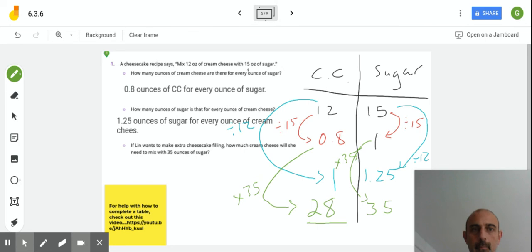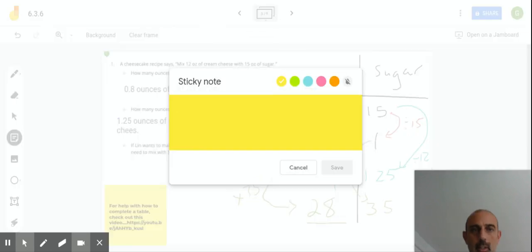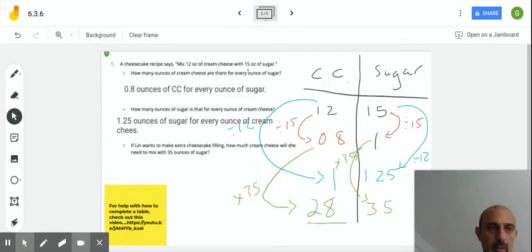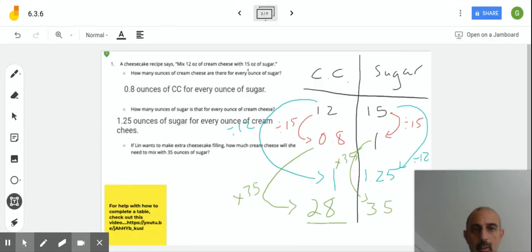So 28. And then we'll put that in as a text box. So we would need 28 ounces of cream cheese for 35 ounces of sugar.